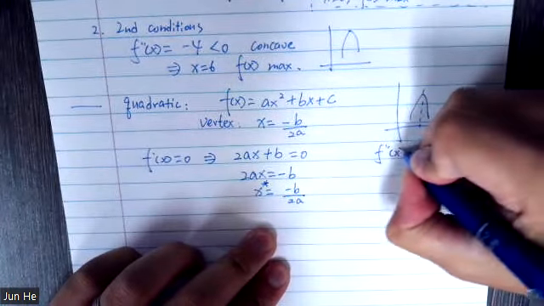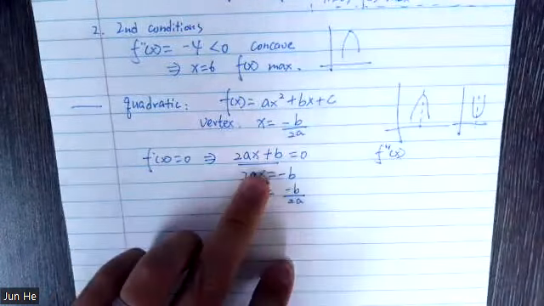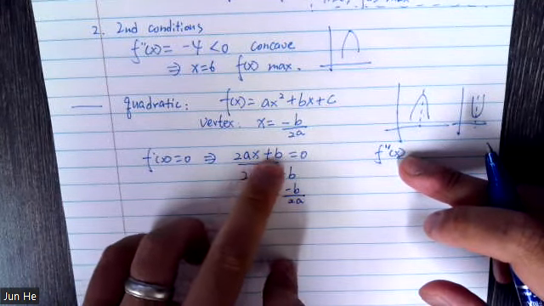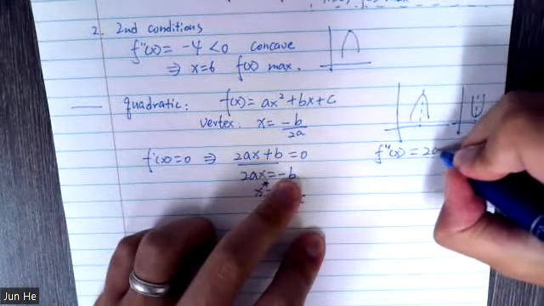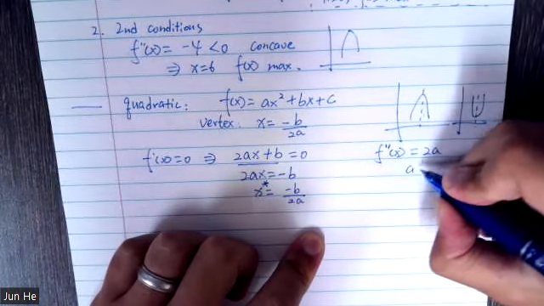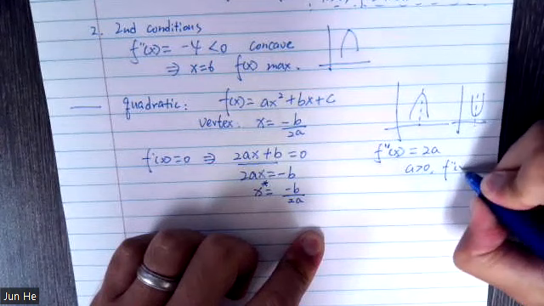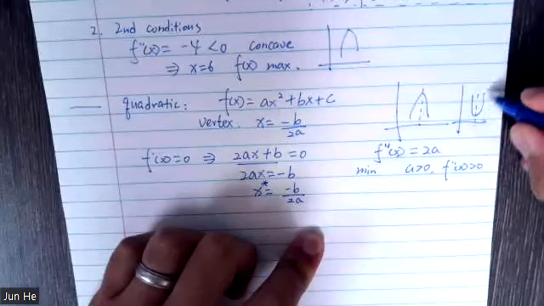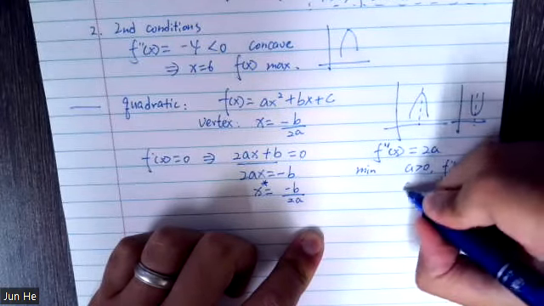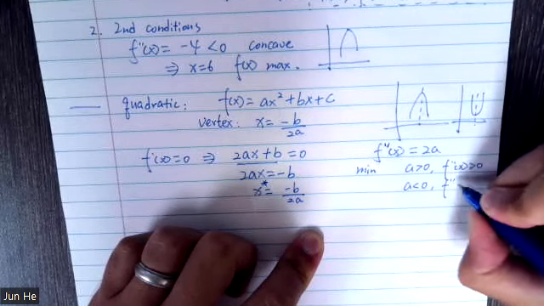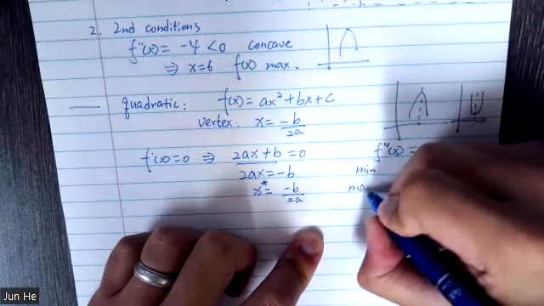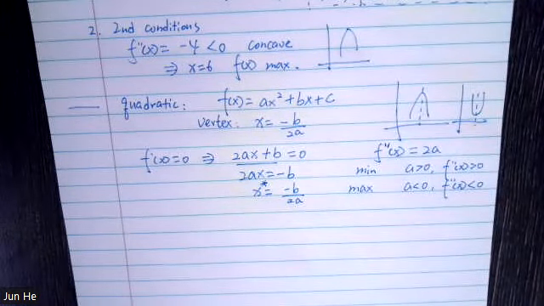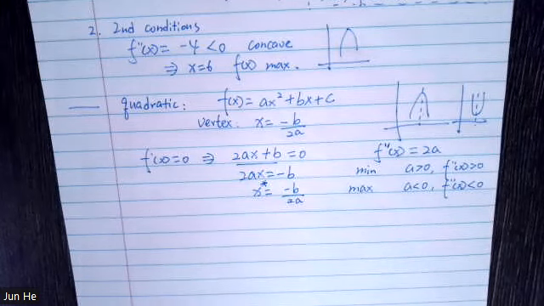The second order derivative in this case is to take another derivative of the first order derivative, which is 2ax plus b. The result is 2a. Here you can see if a is greater than 0, f double prime x is greater than 0, and we have a minimum because that's convex, right? If a is smaller than 0, f double prime x is smaller than 0, we have a concave, so the relative extremum is a maximum.